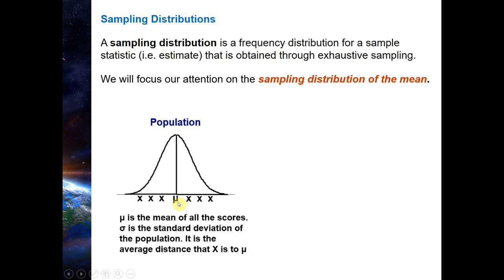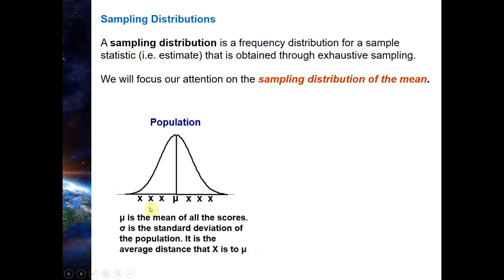And if we wanted to, we could calculate the average distance these scores are to the mean, right? How would you do that? Well, first you'd calculate the variance for this population. And then you would take the square root of variance to get standard deviation. And then standard deviation is just the average distance scores are to the mean. All right, so it would be looking at the average distance x is to mu.